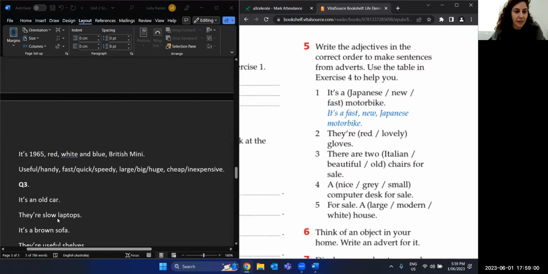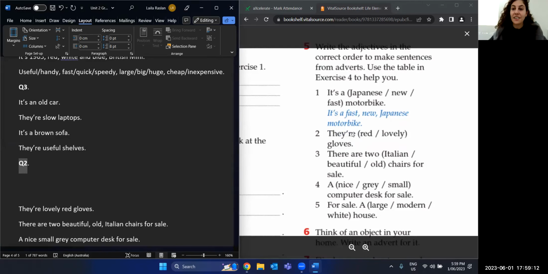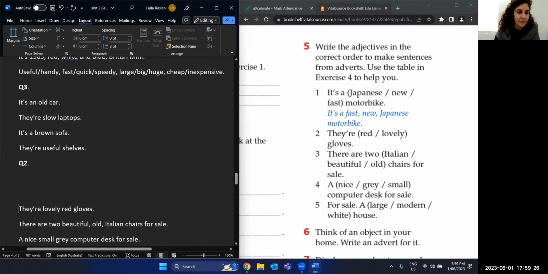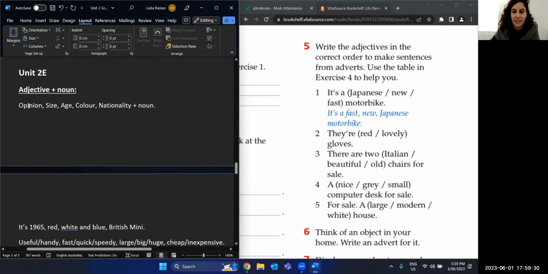What would number 2 be? They're lovely. Lovely is an opinion. That's how I feel. So they're lovely red gloves. I'll show you where that comes from. They're lovely, that was an opinion.